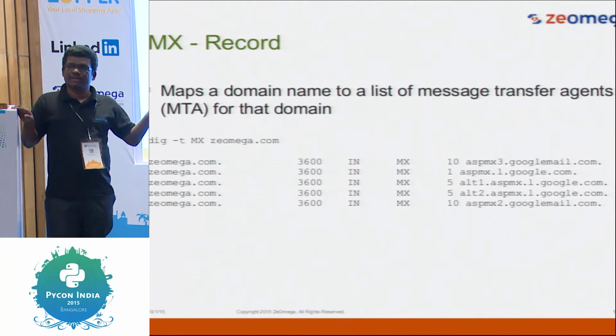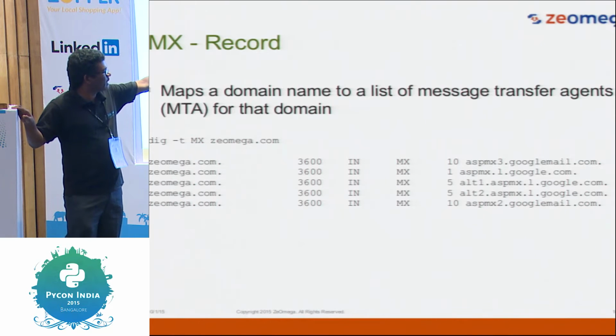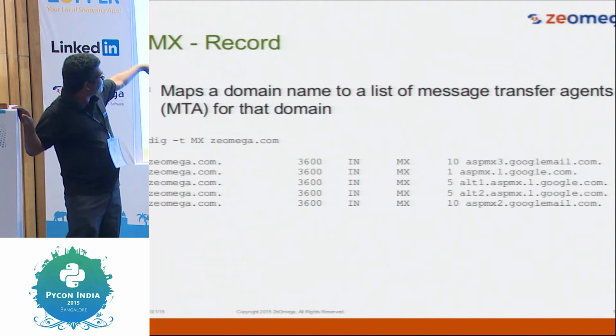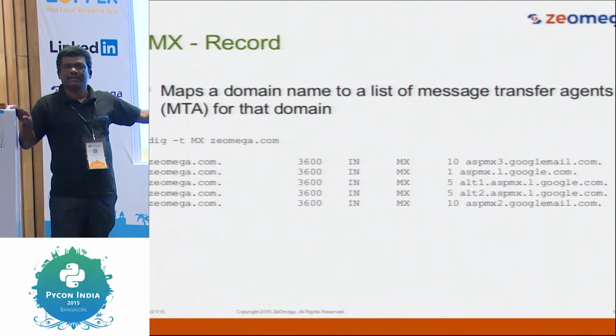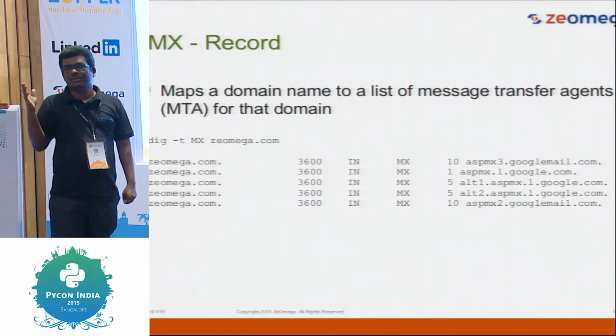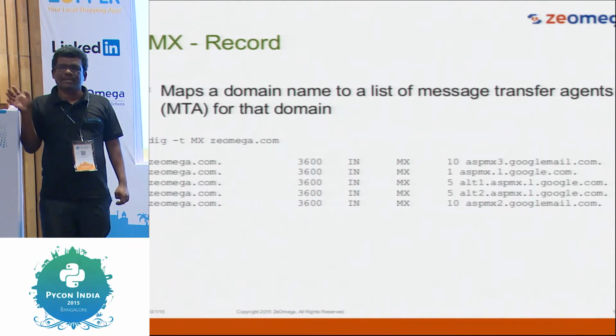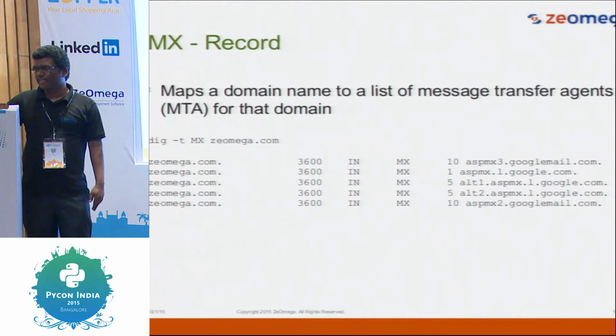In these MX records, there are priorities. There is a column, the second last one, showing 10, 1, 5. So, the first priority is for ASPMX.L.google.com, things like that. So, in case you are going to use Google Apps or maybe some other service, this is the record type that you need to modify and update to receive mails.